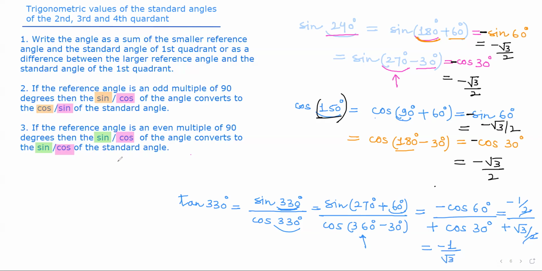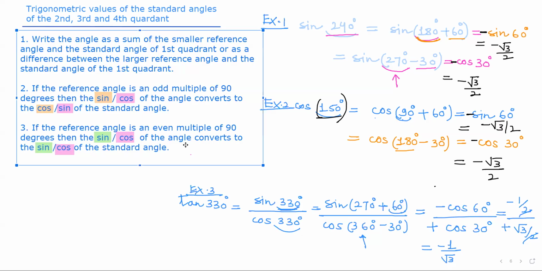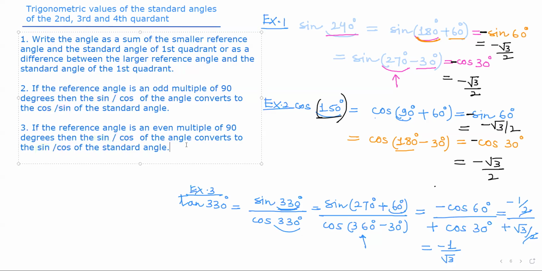I hope all of you understood this, yes or no? This was example 1, this is example 2, this is example 3. Now the important rule, I'll write it here. It's very important. Check the angles.